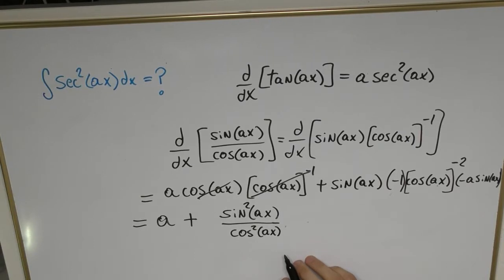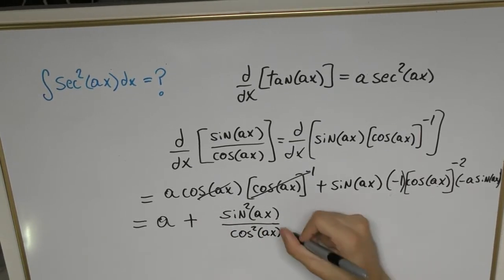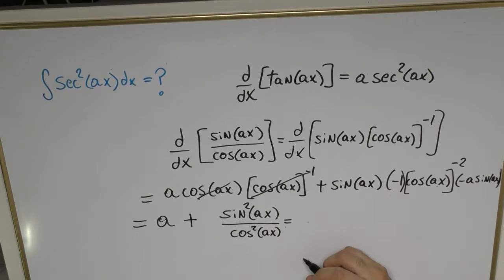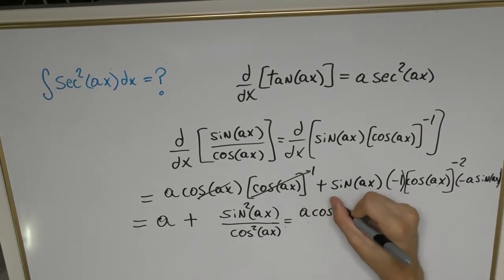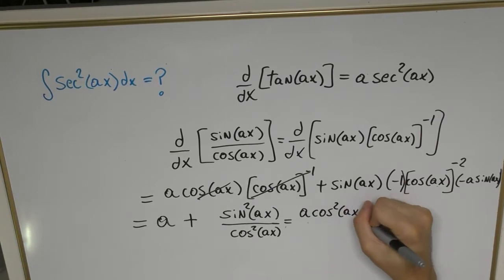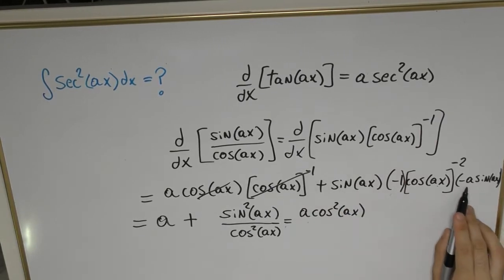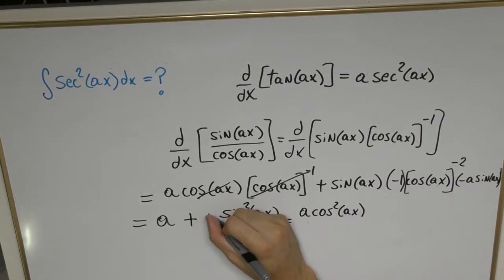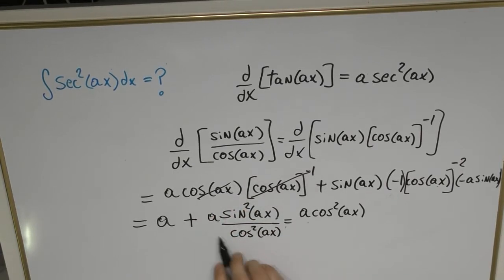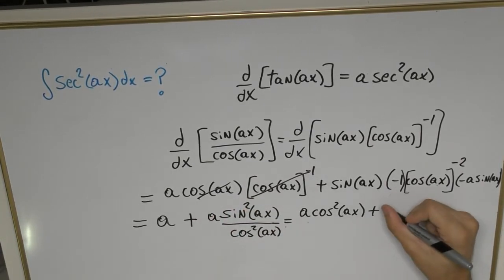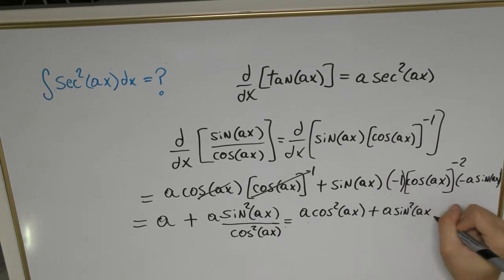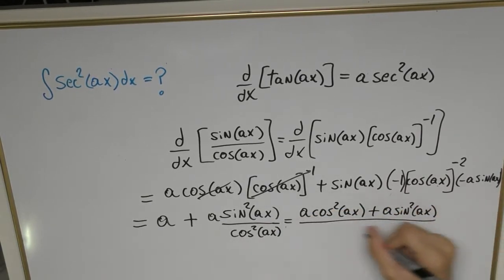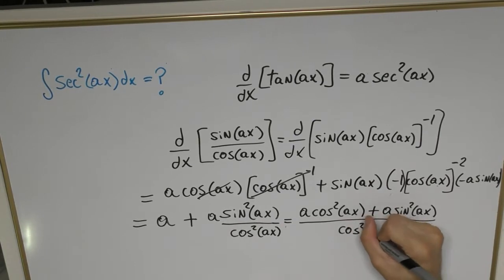Now at this point we can carry out that sum. So if we add up the two expressions, we get a cosine squared ax, and let's not forget that constant a that we had to begin with, so that's going to go in here. And then we're going to add a sine squared ax divided by cosine squared ax.